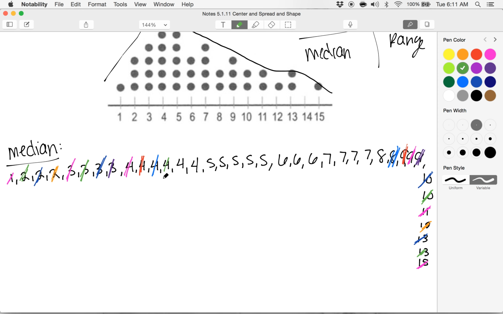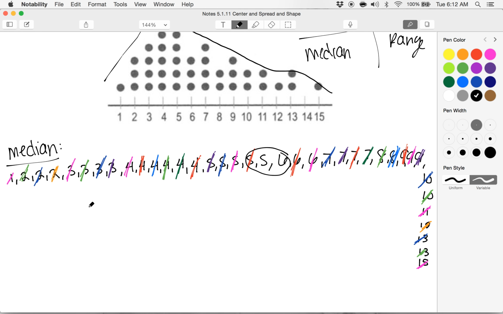Keep going. All right, and finally, we are left with 2 middle numbers.